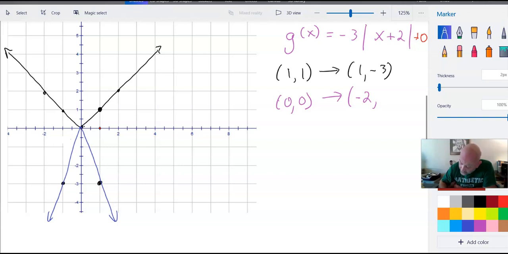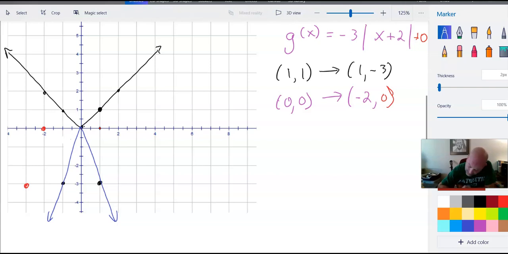It's a +0. So the point where the origin moves to is (-2, 0), which is over here, right? And we already know the shape. I go down 3 and over 1 from there to get this.